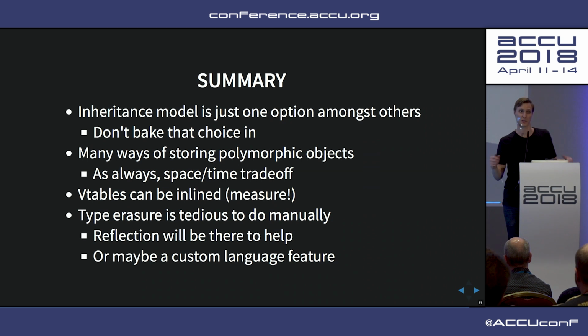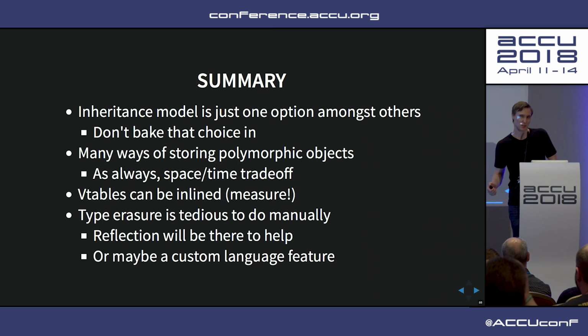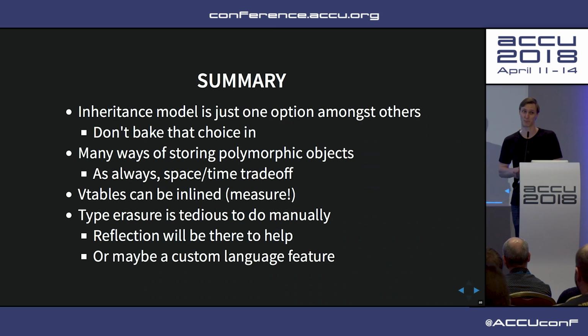As always, it's a space-time trade-off, and it comes with all the complexity that writing performance-sensitive code has, but there are many ways of doing it. You can do inline Vtables, but you probably should not. And the other thing is type erasure is a big pain to implement by hand, but it might be possible to simplify it with some of the features that are in the pipeline for C++ right now.